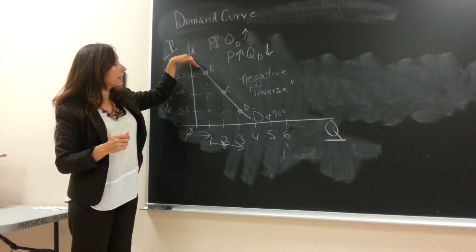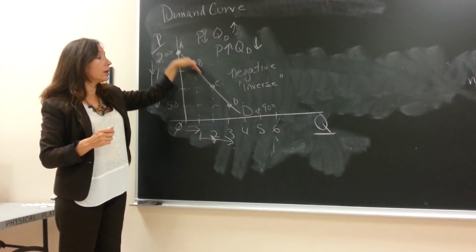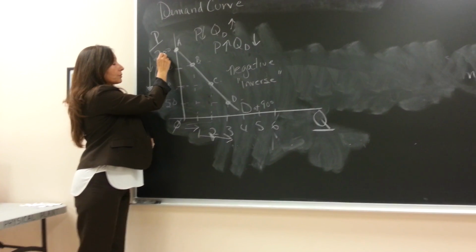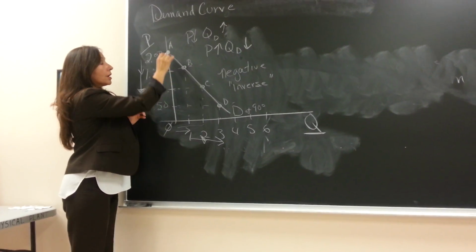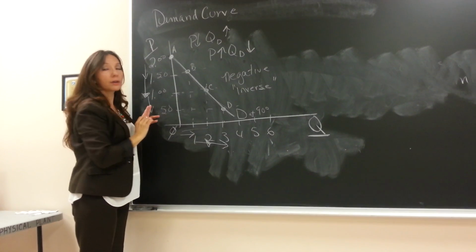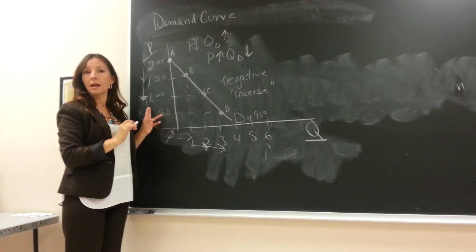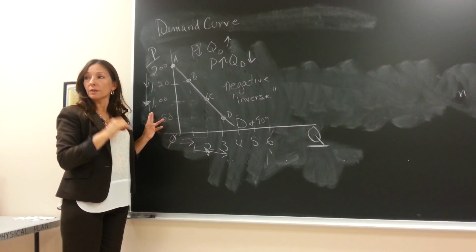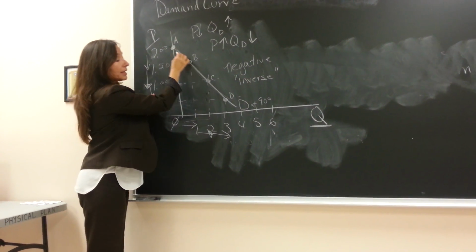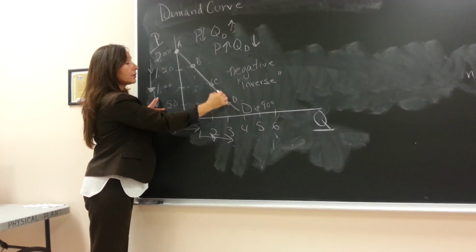And we're only talking about a movement along the curve. Okay? So if your price changes from $2 to $1, you're going to have a movement downward along the curve. Okay? So you want to remember those terms. Movement downward or movement upward. It's going to mean that you're on the demand curve.